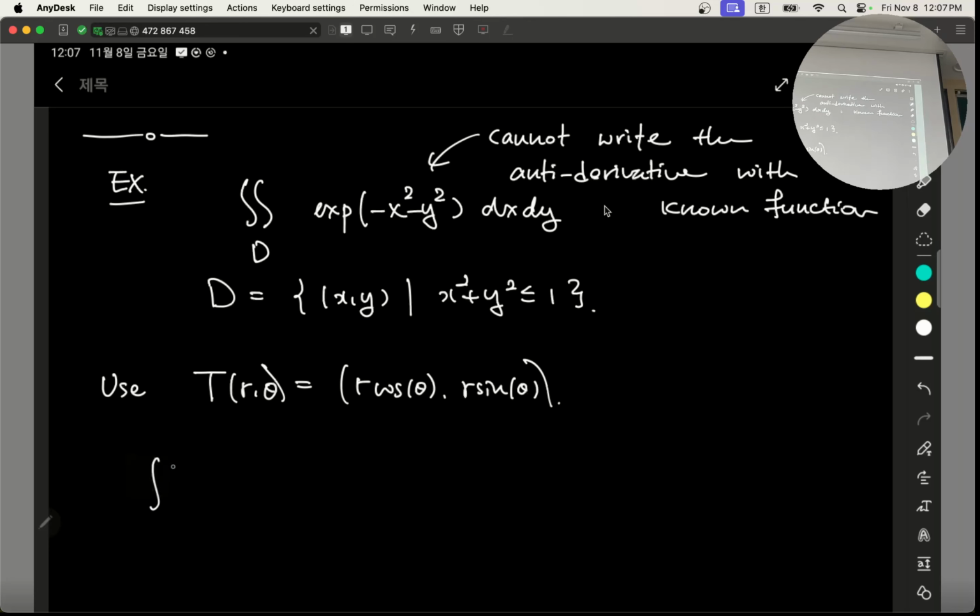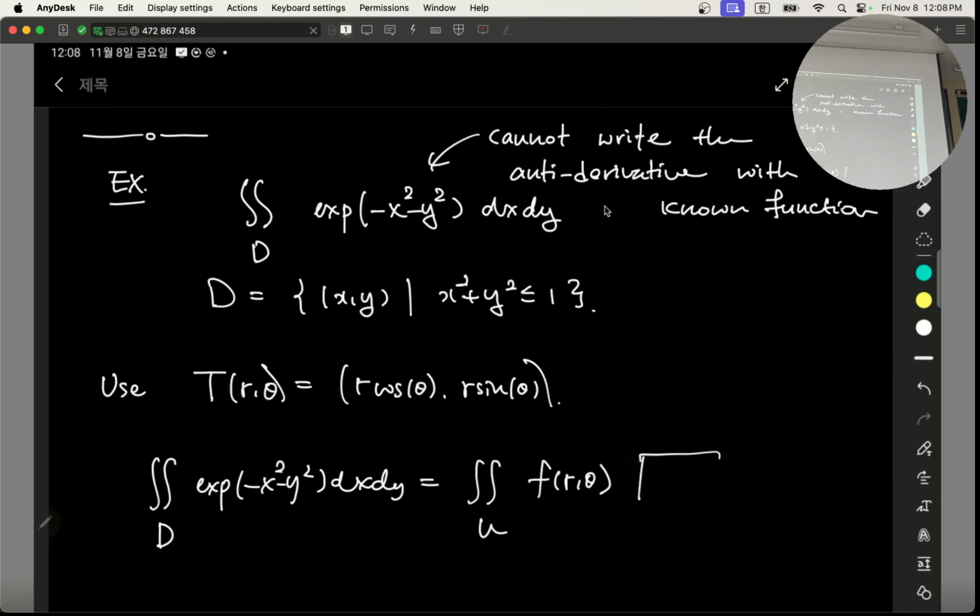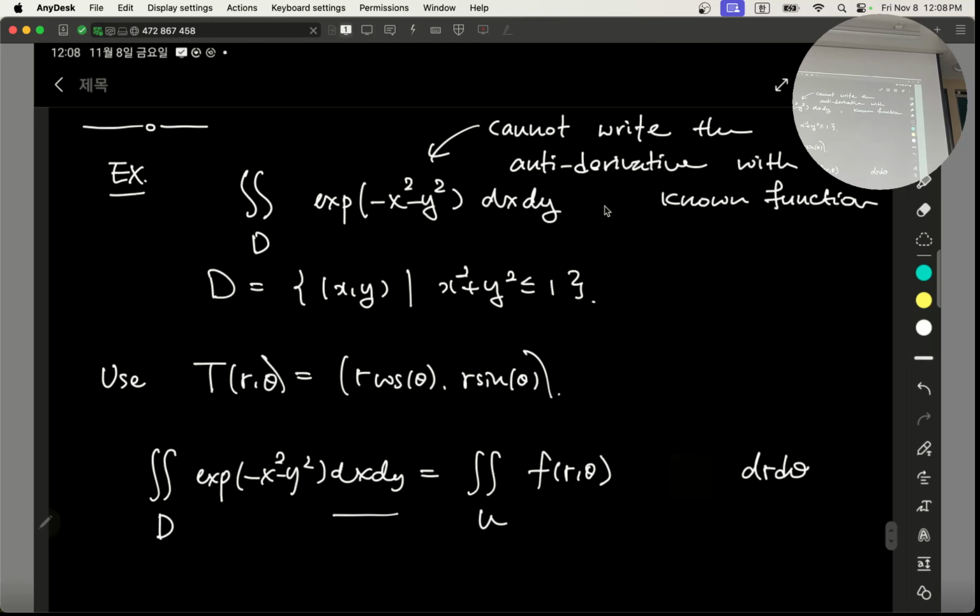What we want is, we have this integral dx dy, and we want to change it into some function in terms of r, theta, and something, probably the Jacobian, dr d theta. So we want to translate the dx dy integral into a dr d theta integral.